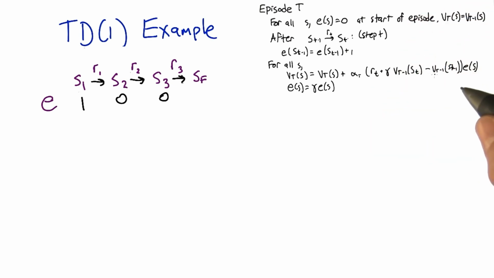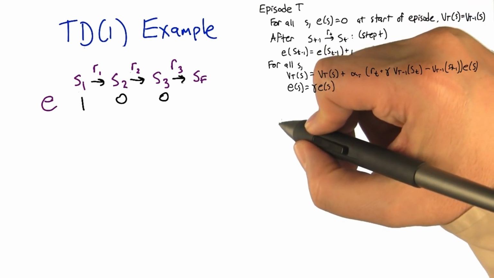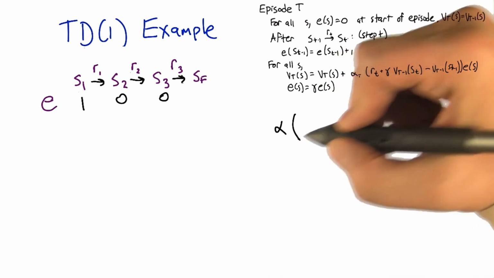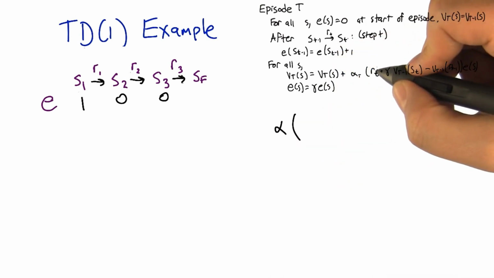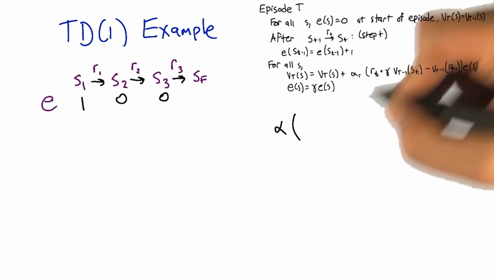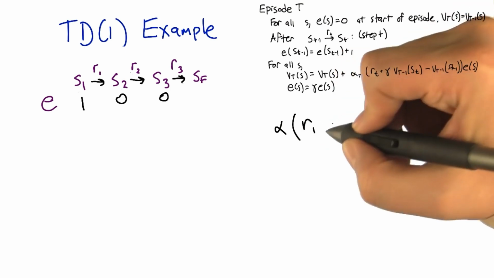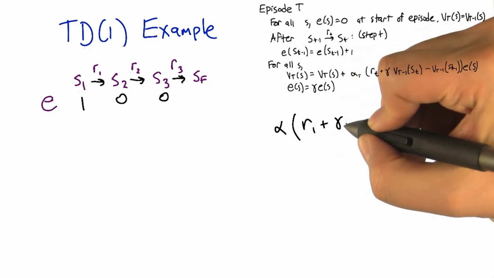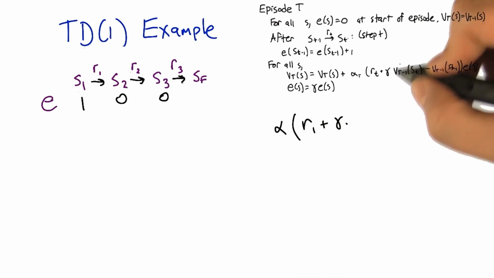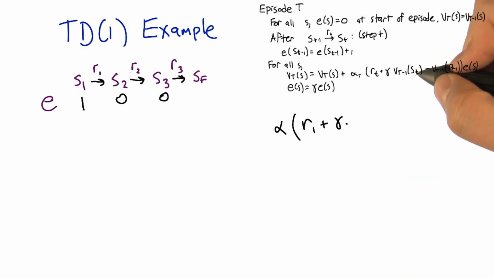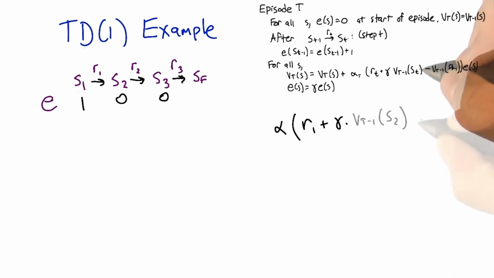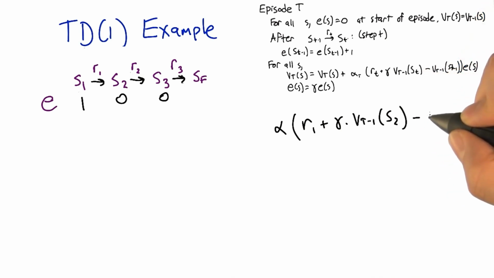And the update has the form, whatever the current learning rate is, times the reward that we just experienced, the R1, plus gamma times whatever the previous iteration value was for the state that we landed in, minus the previous iteration's value of the state that we just left.